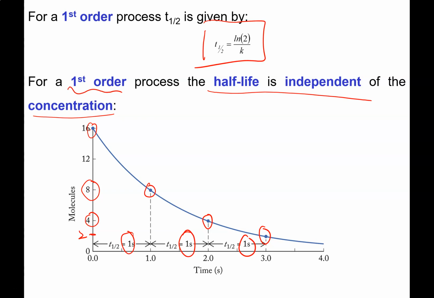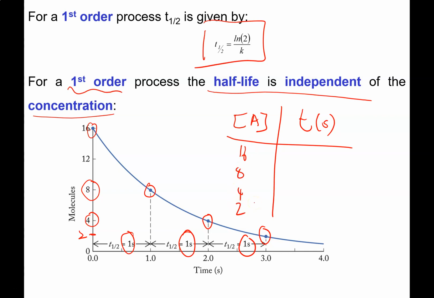And so sometimes it can be really easy to recognize that. If you have your concentration over here and you have time here, and you start off at 16, 8, 4, 2 and you get 1, 2, 3, 4, you might be able to recognize that because the half-life is staying constant at 1 second, without doing any math, you might be able to eyeball that this is first order.